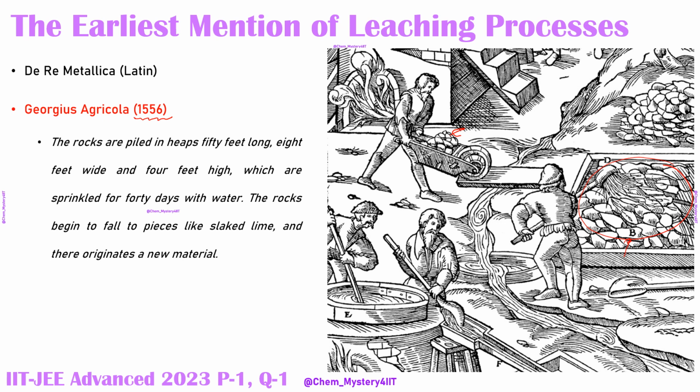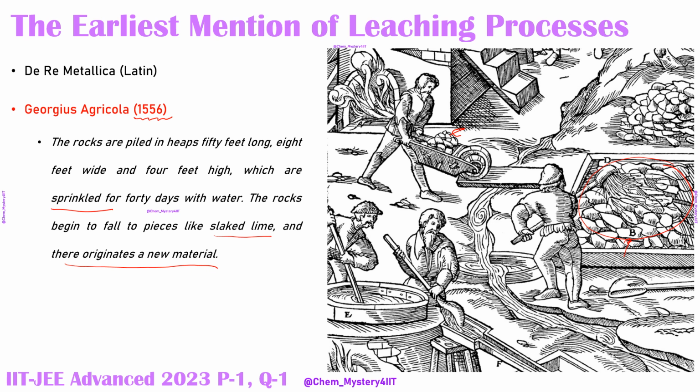Agricola described that the rocks were piled up very high, and when water was sprinkled over them for 40 days, the rock would begin to fall into pieces like slag, lime, and that originated new material. So basically those effluents were leached samples, and from those leached samples the different metals could possibly have been extracted.